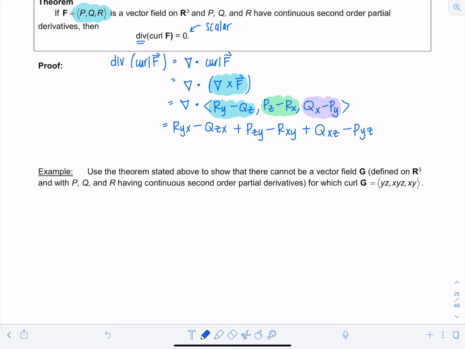And then, just like before, Ryx is equal to Rxy because P, Q, and R have continuous second order partials.